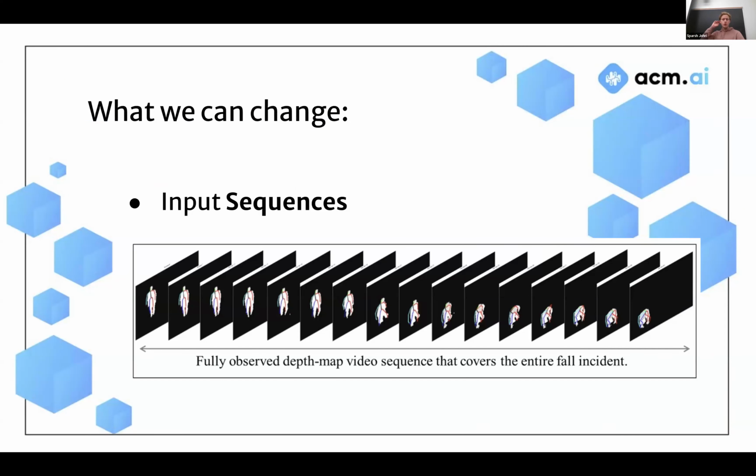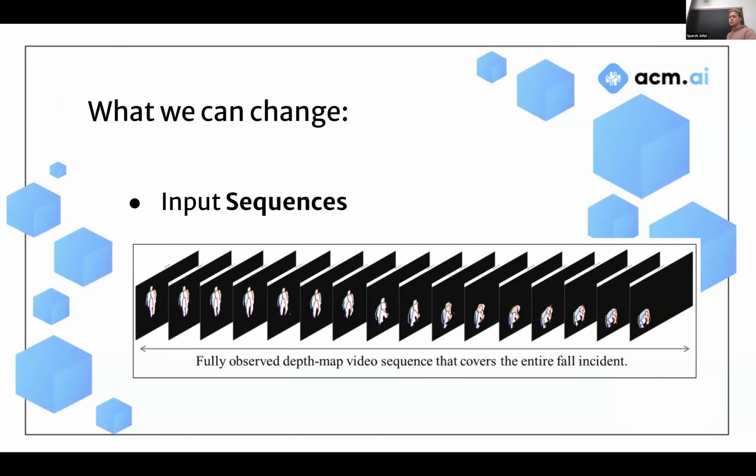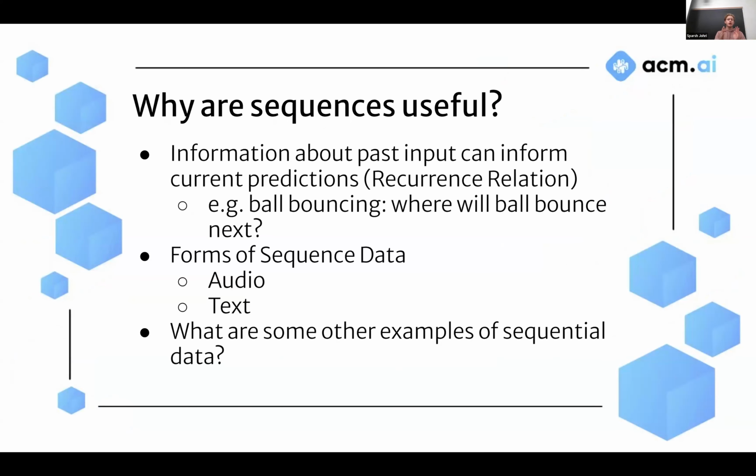So we have input sequences. Here's an example of a video which covers a fall incident. Other sequences we could use are audio and text. The key is we get information about past input, and that can inform current predictions as a recurrence relation.